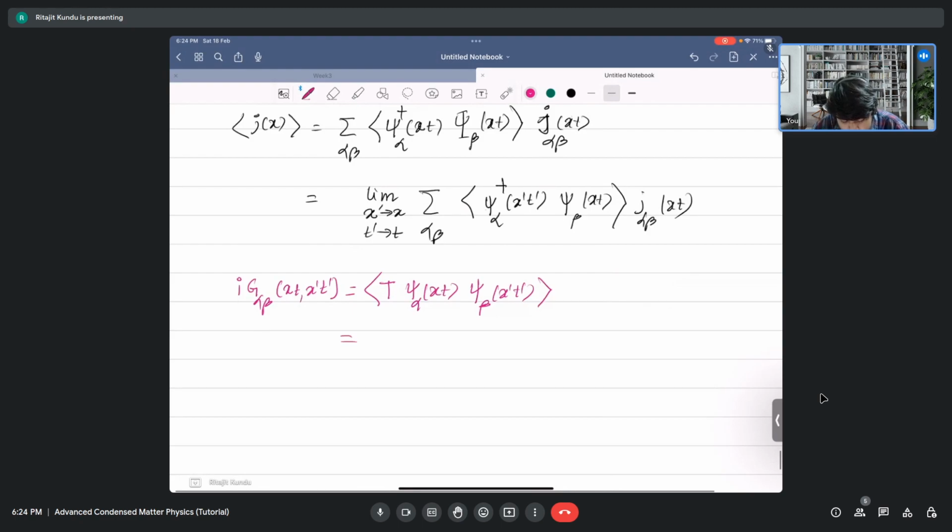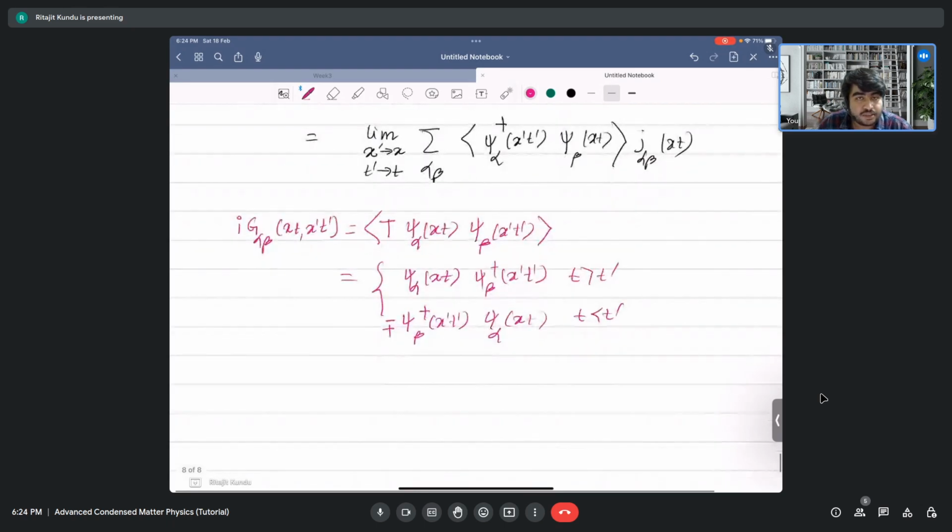And this time ordering means that it has two parts: psi alpha(x,t) psi beta dagger(x prime, t prime) whenever t is greater than t prime, and psi beta dagger(x prime, t prime) psi alpha(x,t) whenever t is less than t prime, with a plus or minus depending on whether this is a fermion or boson. This is the causal Green's function that I told you about a little while ago.